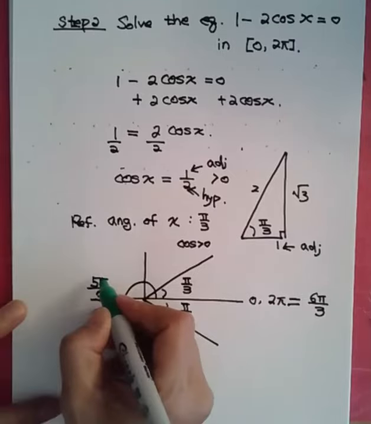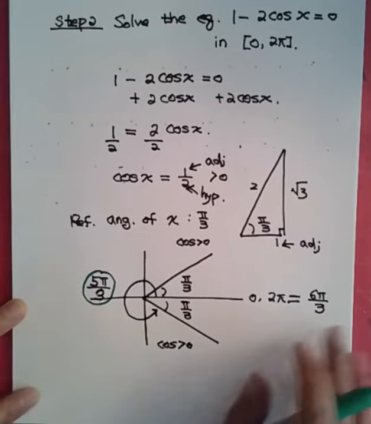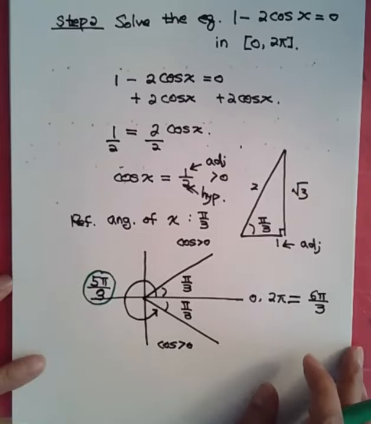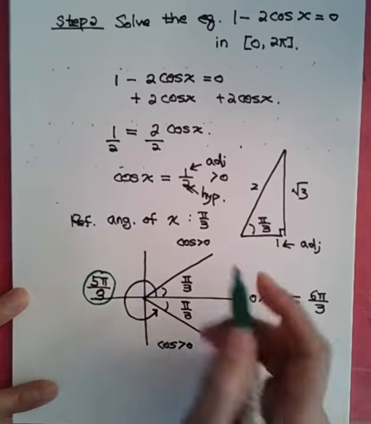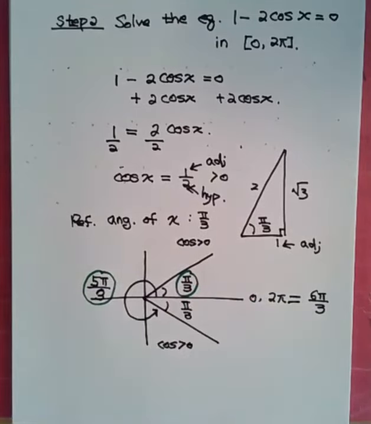So the solutions for the equation in the interval 0 to 2 pi are pi/3 and 5 pi/3.